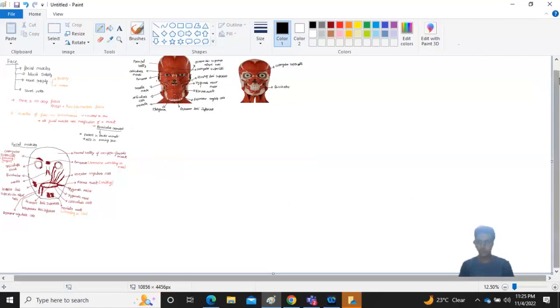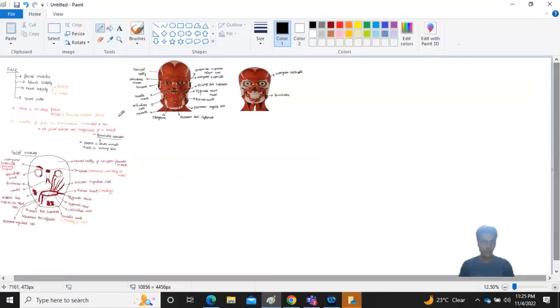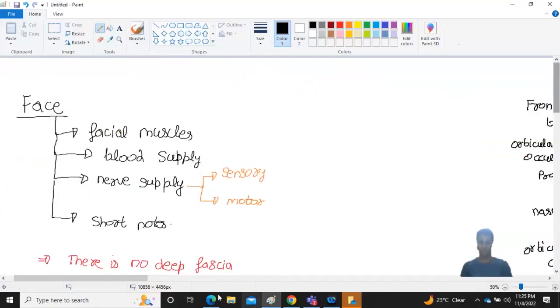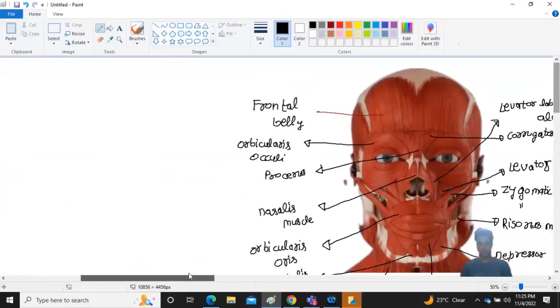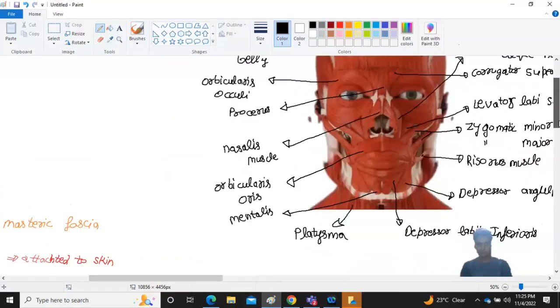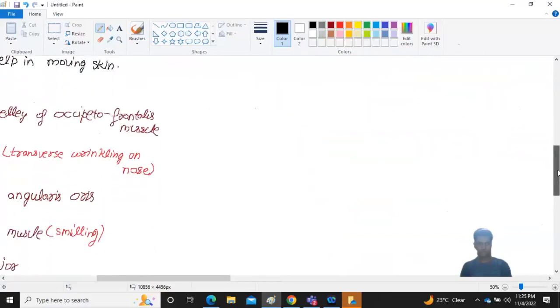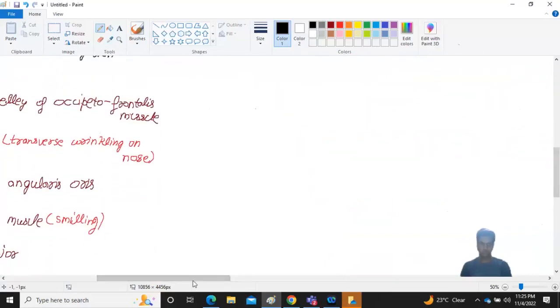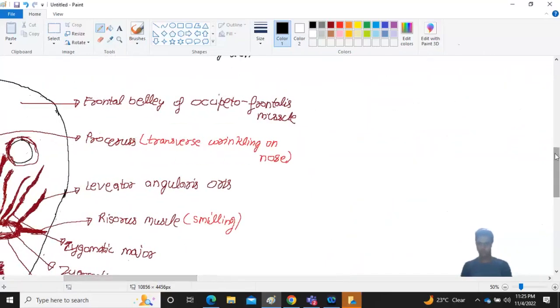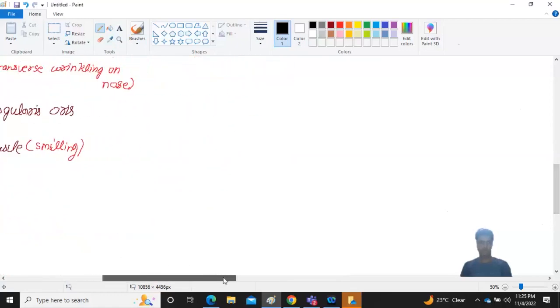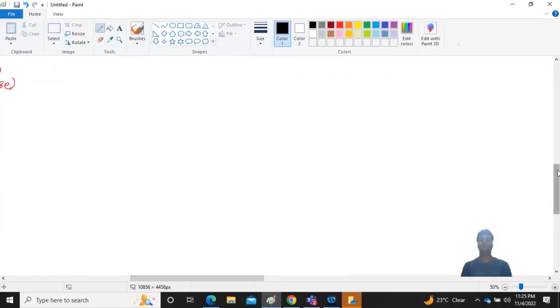These are the things we have covered: facial muscles, face, all. Now we are starting the facial blood supply.